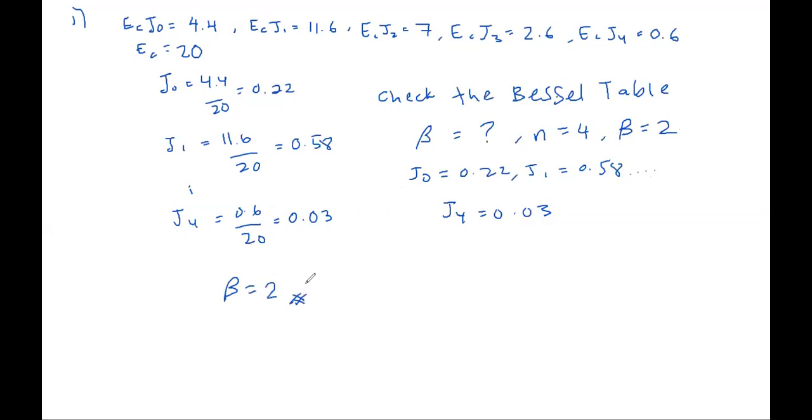You can get it directly from the spectrum: find out what the J0, J1, and so on are, then check the Bessel table. So this is our first answer. And then the time domain expression for the FM signal.